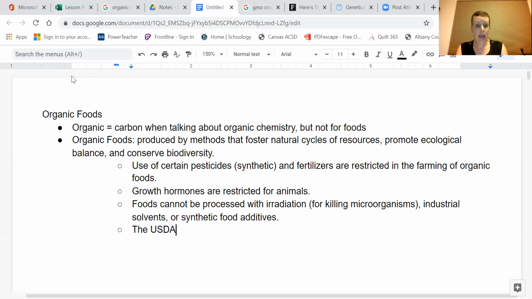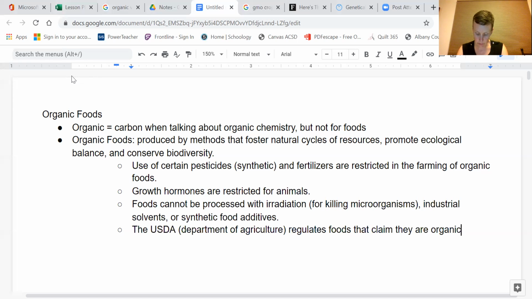The USDA, so US is United States, and then DA is Department of Agriculture. So the USDA regulates foods that claim they are organic.